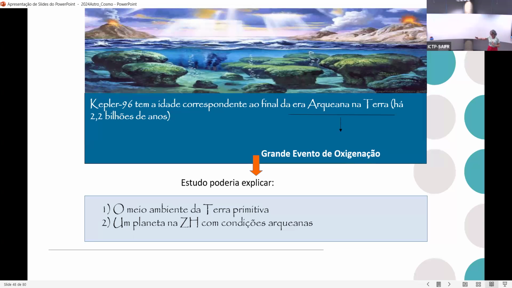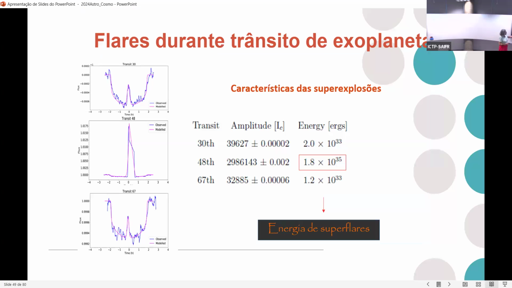Before that we only had unicellular life, and after that we had multicellular organisms. So let's consider what was the end of the primitive Earth, looking at what Kepler-96 produced. These are during transits, but as you can hardly see here the depth of the transit because of the full intensity here.